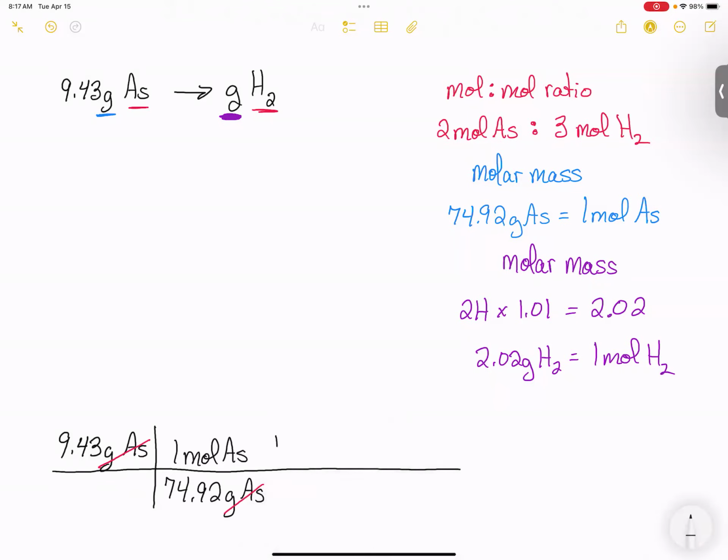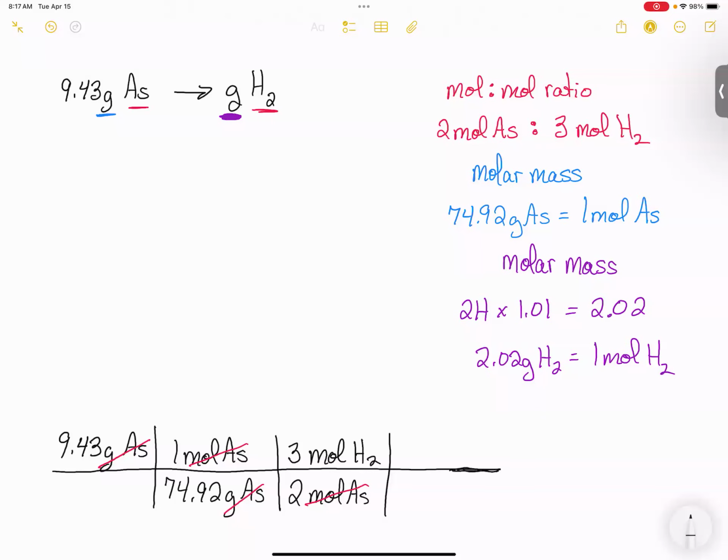My next conversion factor has to have moles of arsenic in it, and it has to be a different conversion factor. So I'm going to use the mole to mole ratio. I'm going to place the 2 moles of arsenic in the denominator and the 3 moles of hydrogen in the numerator. The 2 moles of arsenic were placed in the denominator so that the unit and the substance would cancel out, leaving moles of hydrogen. I now have the substance I wanted, but I don't have the unit I want.